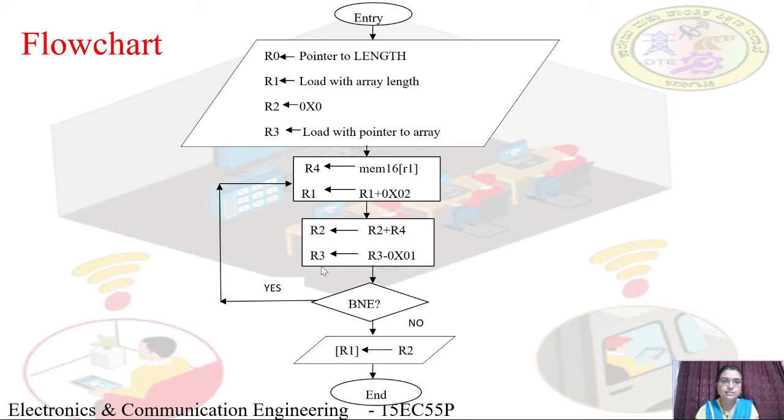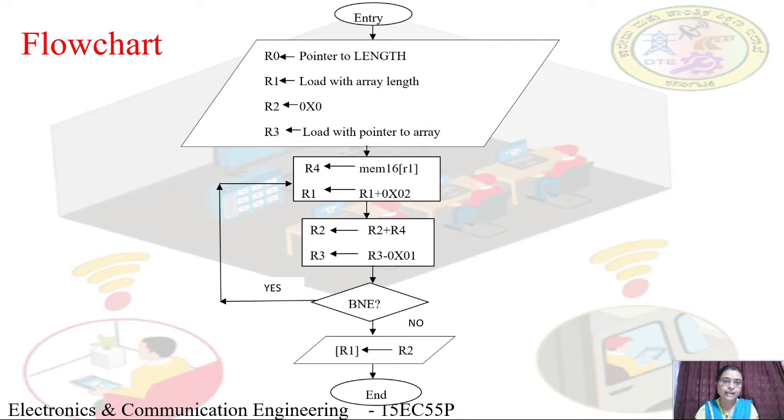Next, R3 is compared with 0. If R3 is not equal to 0, then come back to the next element to be loaded into the register R4. Again, R1 is incremented by 2, that will point to the next memory location.